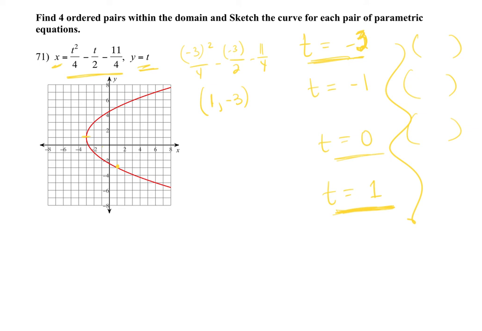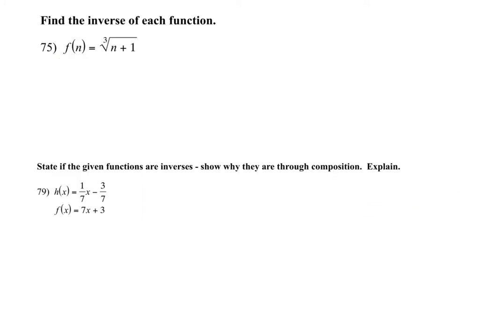As long as you pick any 4, and you get 4 ordered pairs, and you correctly sketch the 4 ordered pairs, I will not say, well, you didn't recognize it was a specific shape, okay? I'm only concerned that you understand x and y are based off a 3rd variable, and you have chosen 4 numbers for that 3rd variable. Is it always going to be like that? Not necessarily. Inverses, you need to find the inverse and be able to tell me.